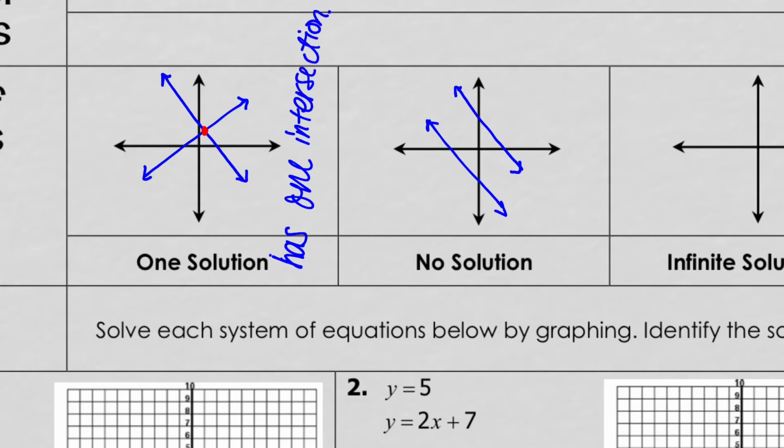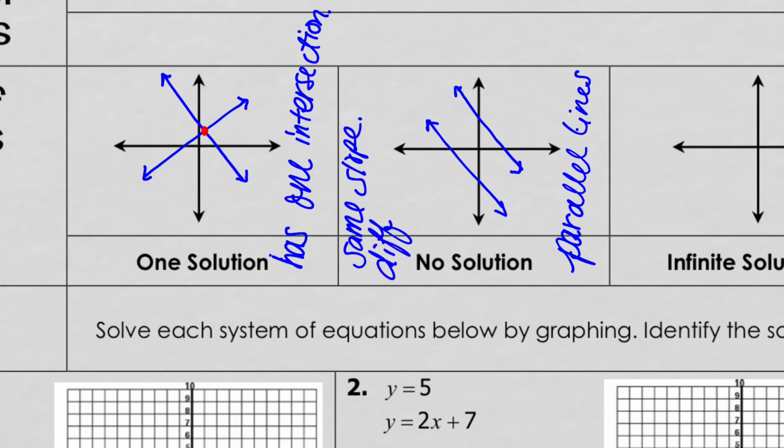Okay? No solution is going to have parallel lines. So, same slope, different y-intercept. Okay?